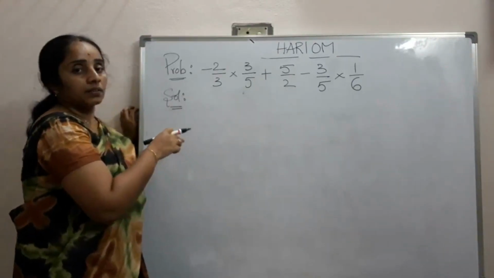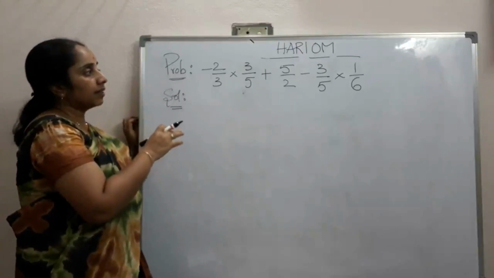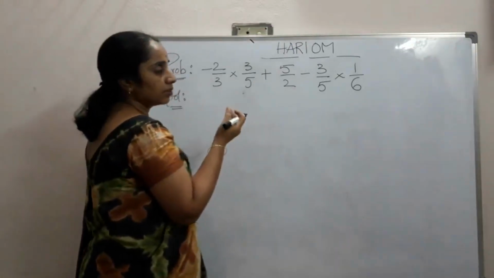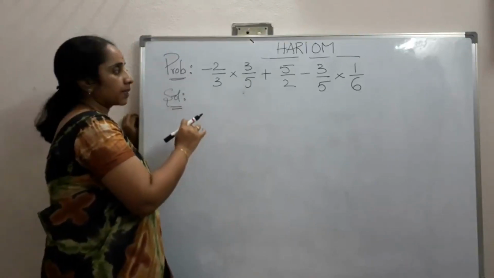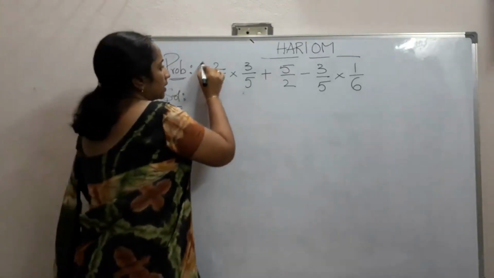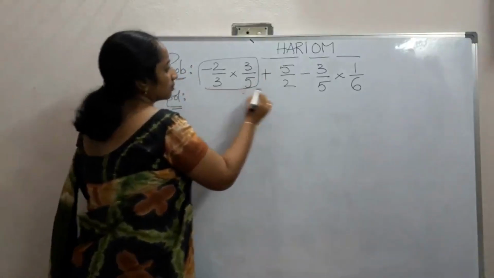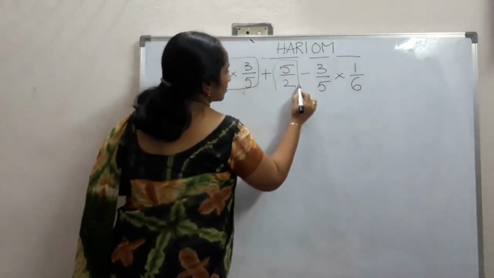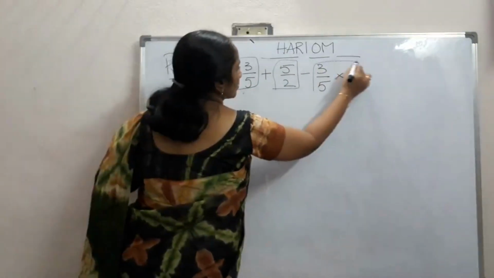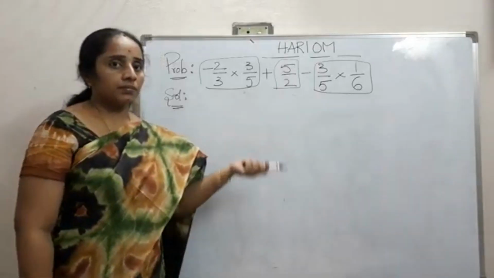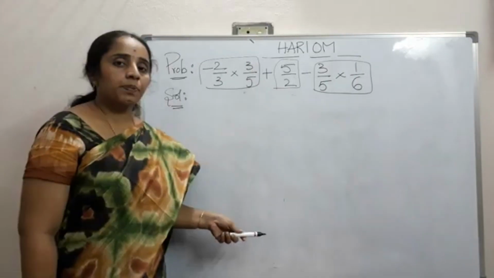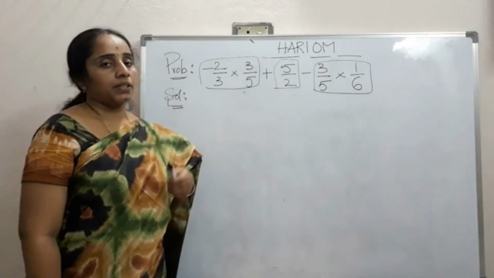To apply properties, here we are going to interchange the terms. In this numerical expression, we have 3 terms: first term, second term, and third term. Same problem I am going to explain by using properties.